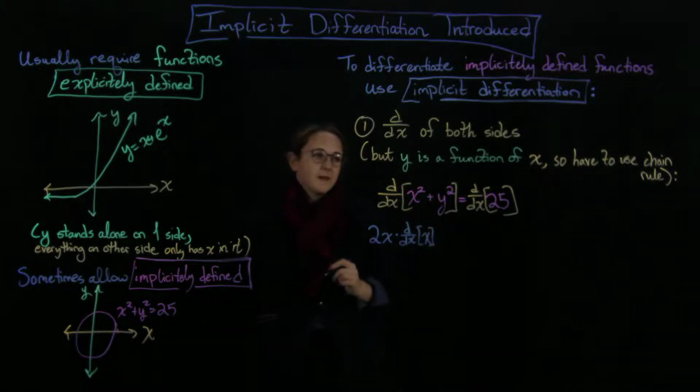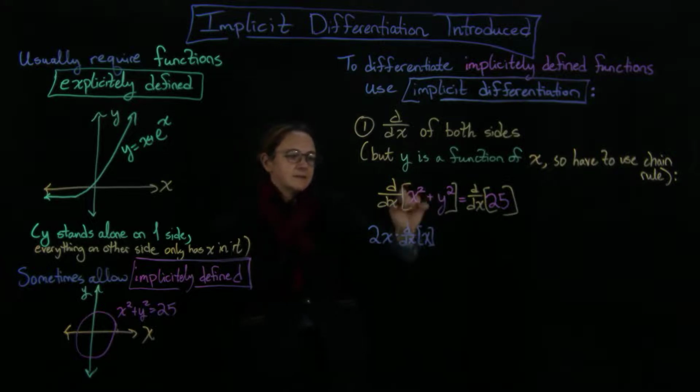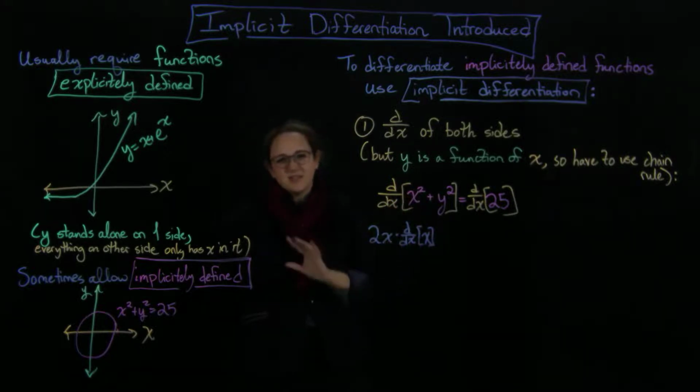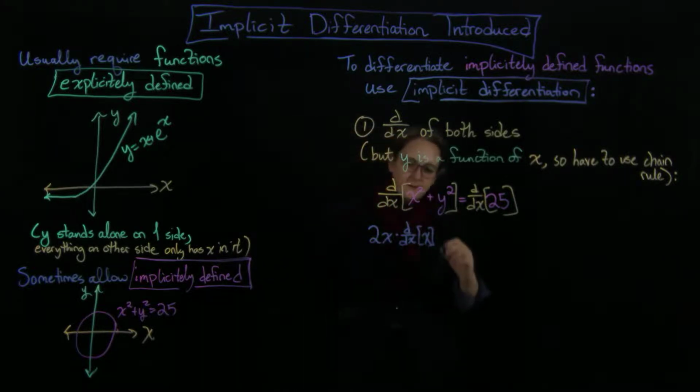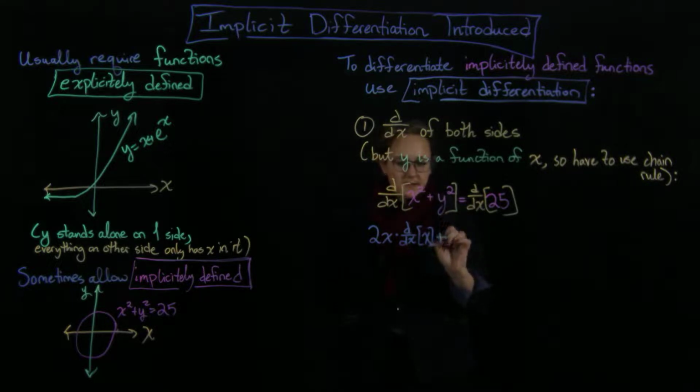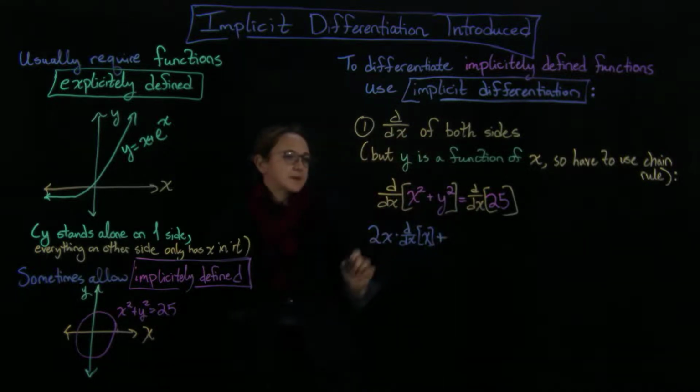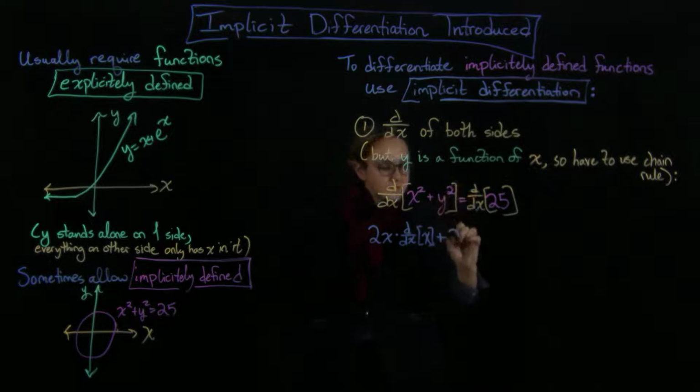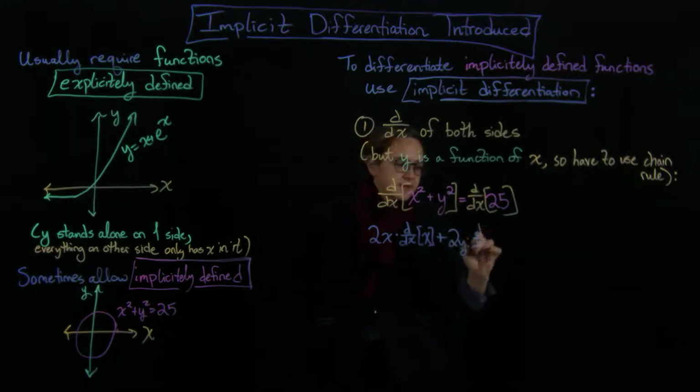Right, because 2x is the derivative of this. I'm putting this in just to emphasize that this one isn't going to do anything for us, but the other one is. So this one I'm going to do 2y, and then I have to do the derivative with respect to x of y.